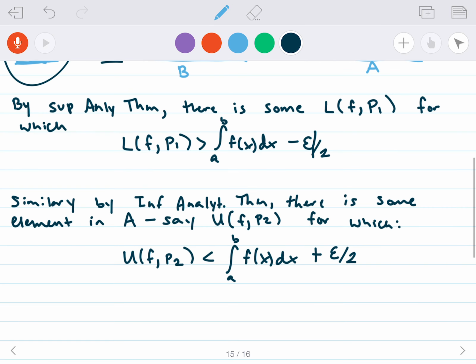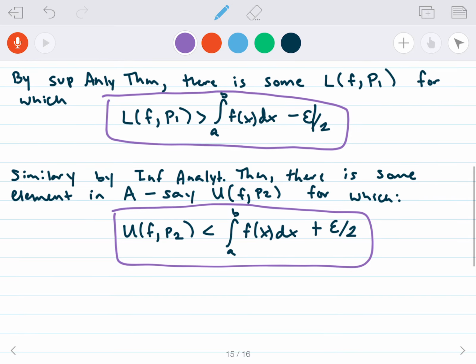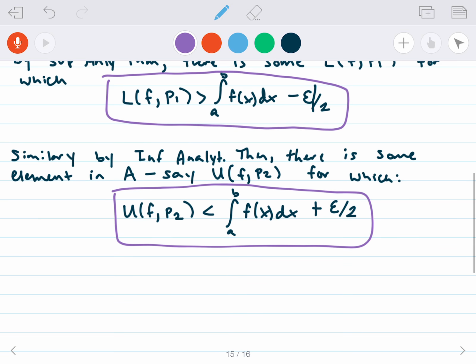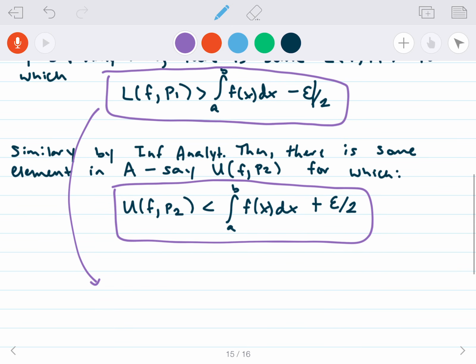Alright, so the idea is we want to combine these inequalities, so let's make sure that they are facing the same way. Let's see. Okay, so in the first one, if I multiply both sides by a negative, I get negative L of f,P1.